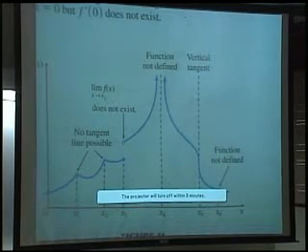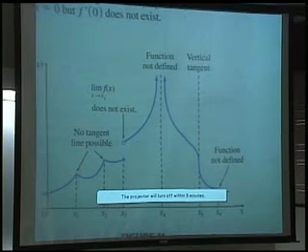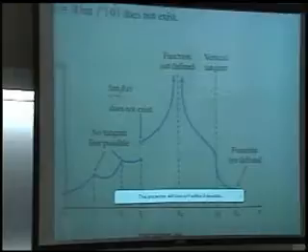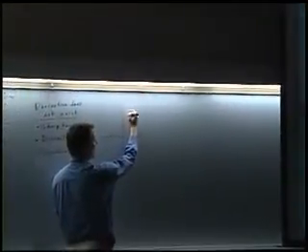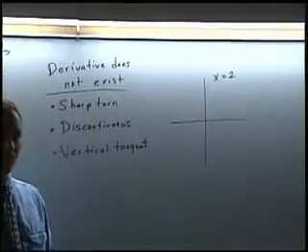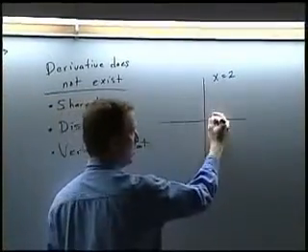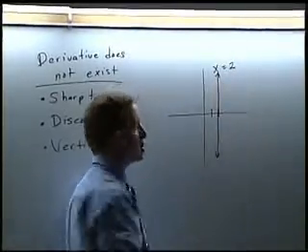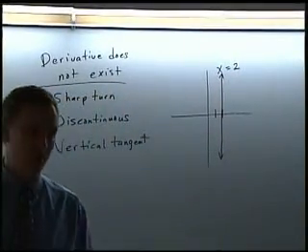In algebra, when you were told to look at the slopes of certain graphs, and they gave you the graph x equals 2 and told you to find the slope of this graph, x equals 2 is just the graph of a vertical line. What's the slope of any vertical line?